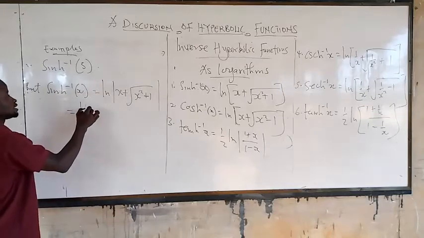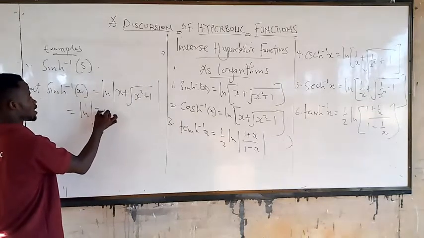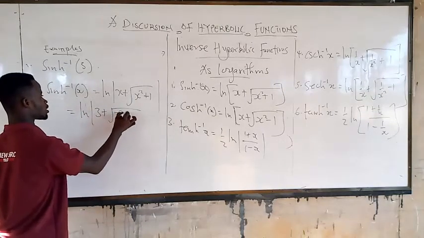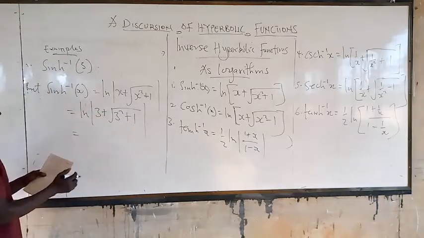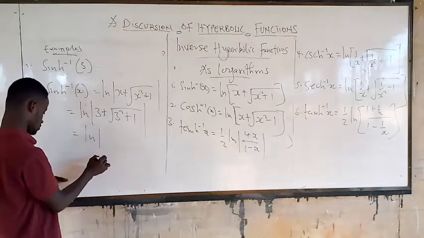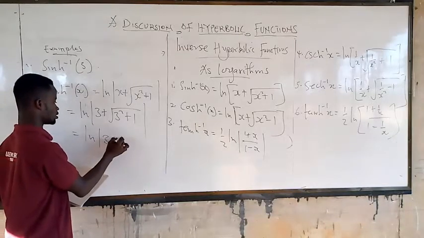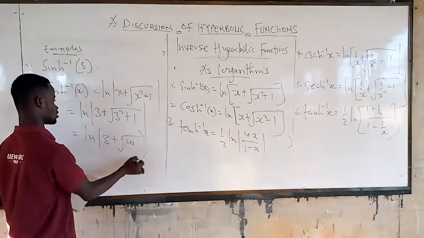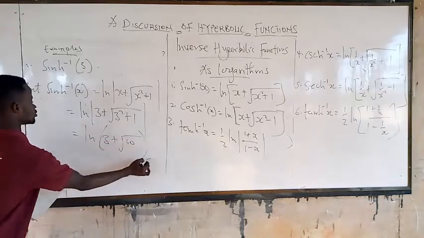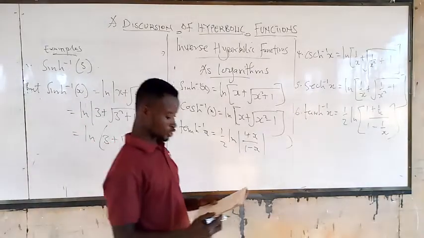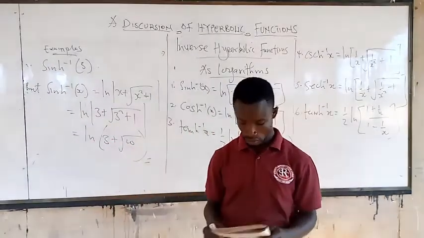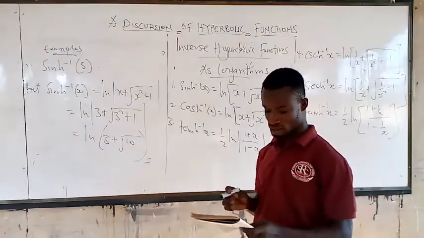So you get ln of 3 plus square root of 3 squared plus 1, and that is going to give you ln of 3 plus square root of 10. Alright, so that's what we are going to get for that. This is going to be the approximate value for that. You can also leave it in decimals, it's up to you.